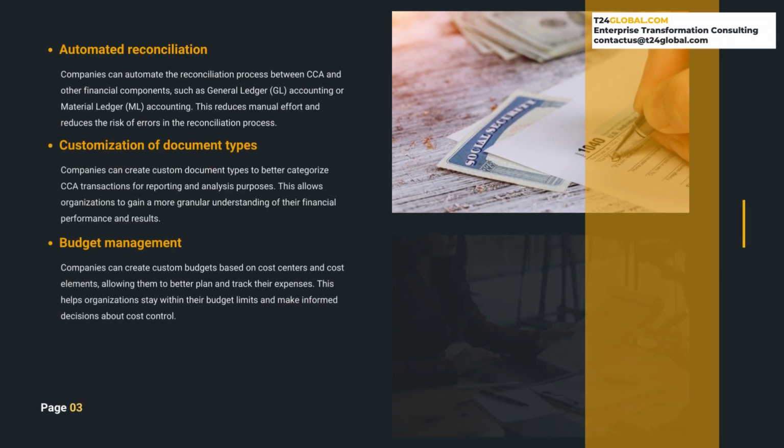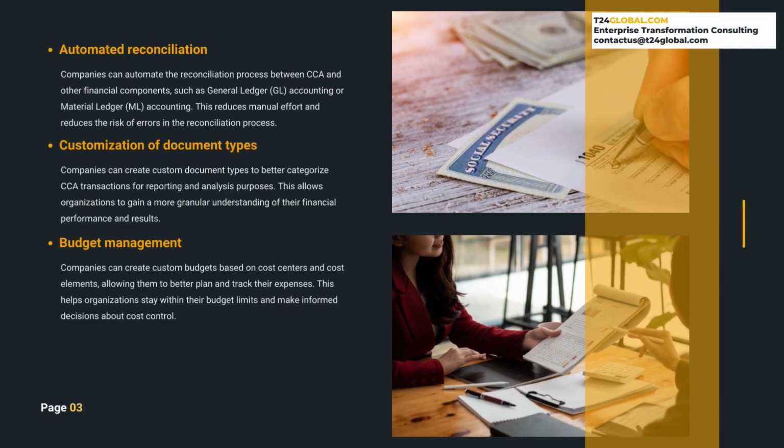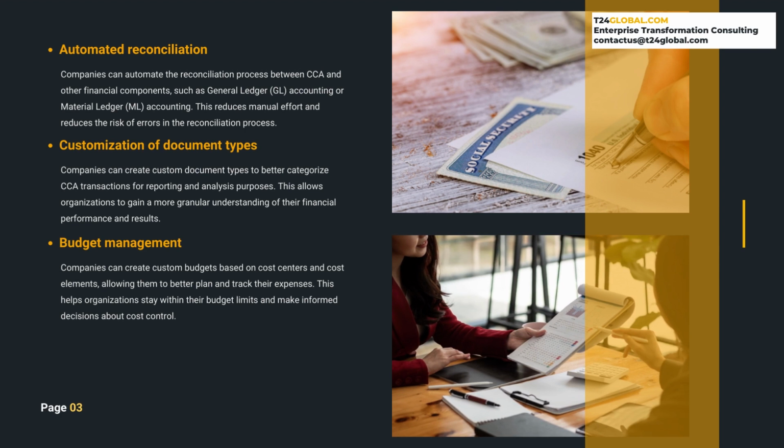Automated reconciliation. Companies can automate the reconciliation process between cost center accounting and other financial components such as general ledger (GL) accounting or material ledger (ML) accounting. This reduces manual effort and reduces the risk of errors in the reconciliation process.